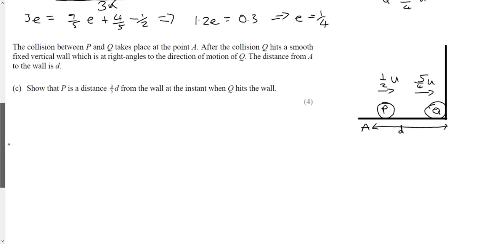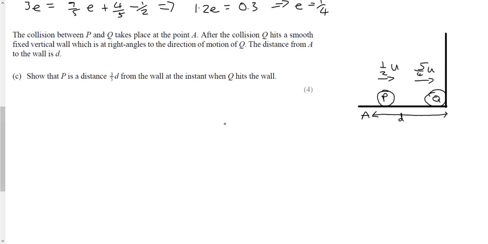Okay, so we want to find out where P is once Q hits the wall. So for Q, there's actually no acceleration going on here. It's constant speed. So we can just use speed equals distance over time. For Q, our speed is always 5/4u.